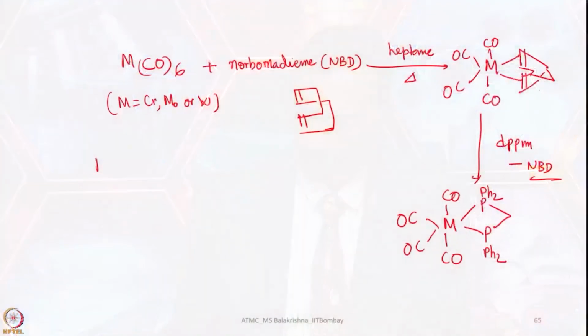Another couple of important compounds of molybdenum and tungsten having 4 carbon monoxide groups are the piperidine complexes, and these can also be made starting from MCO6. Only in the case of molybdenum and tungsten can one make this compound.